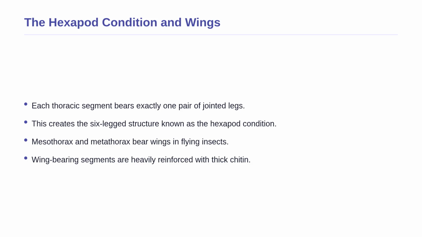Furthermore, in winged insects, the wings are attached specifically to the mesothorax and the metathorax. Because flying generates immense physical stress, these two specific segments are heavily reinforced with thick chitin, a tough biological armor. This structural reinforcement ensures the insect's body does not collapse under the intense mechanical strain of rapid wing beats during flight.